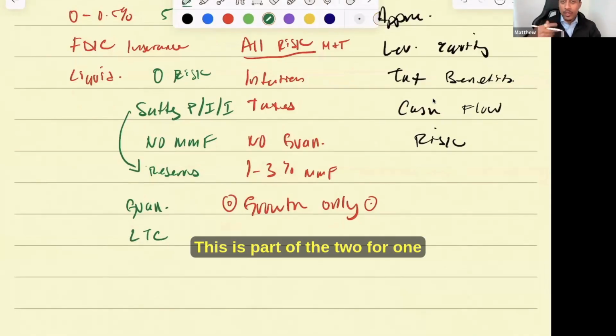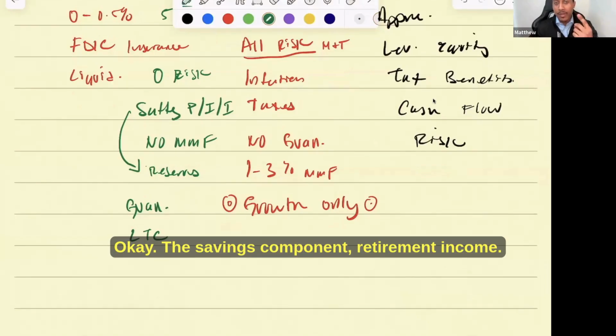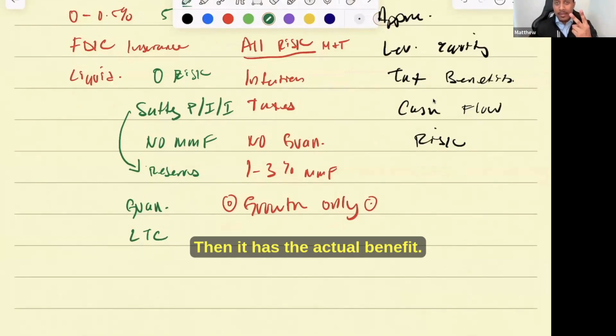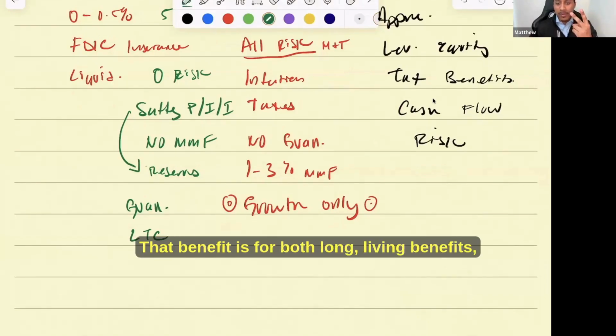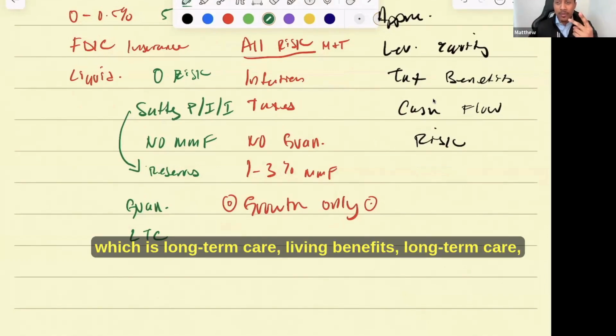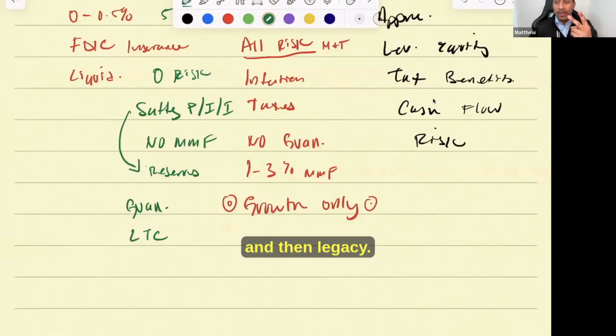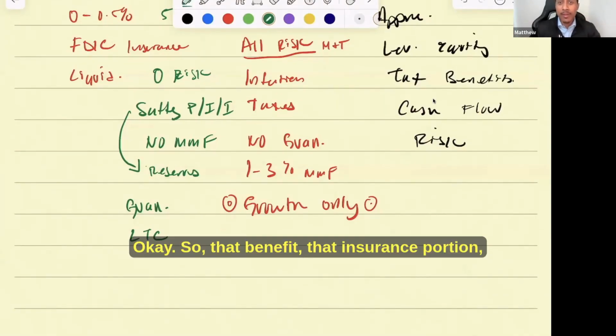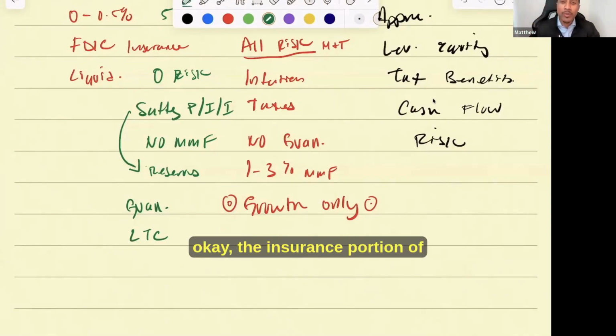This is part of that 2-for-1 retirement vehicle that I mentioned. It has a savings component for retirement income. Then it has the actual benefit, which covers both living benefits, which is long-term care, and legacy. So the insurance portion of the 2-for-1 is used both for long-term care and for legacy.